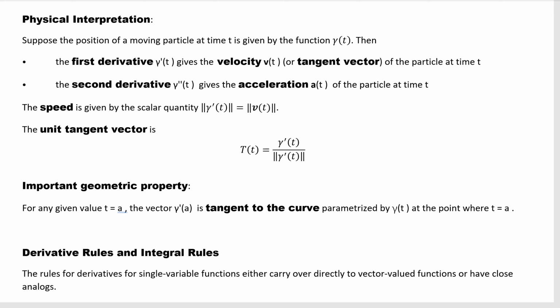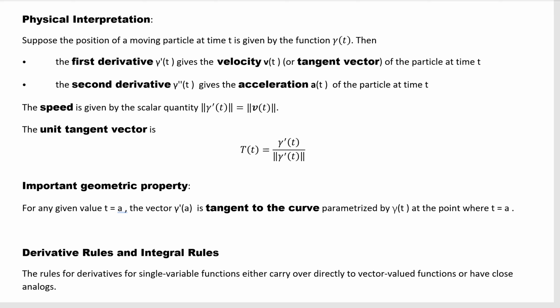The second derivative, gamma double prime of t, gives the acceleration a of t of the particle at time t. While the speed is given by a scalar quantity. Do you remember in Calculus 1, the speed is just the absolute value of our velocity. And here, because we're working with vectors, instead of the absolute value of a number, we have the length, the magnitude of a vector.